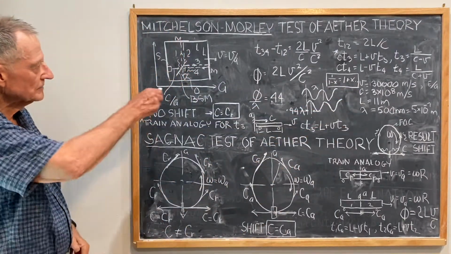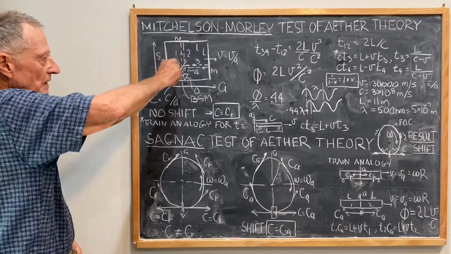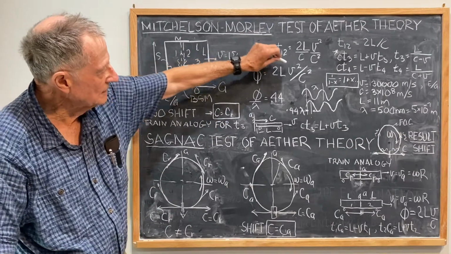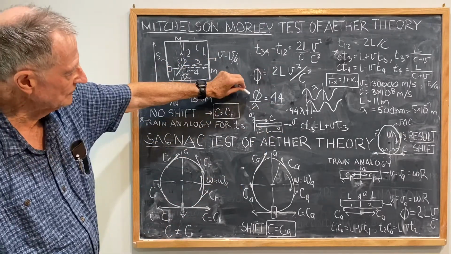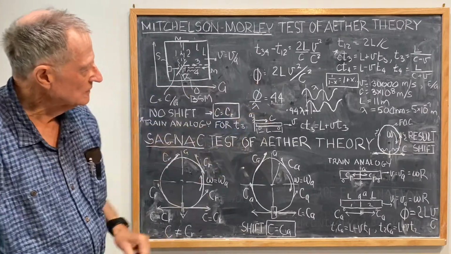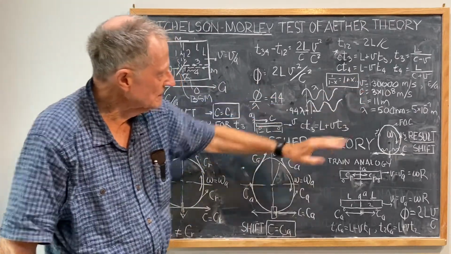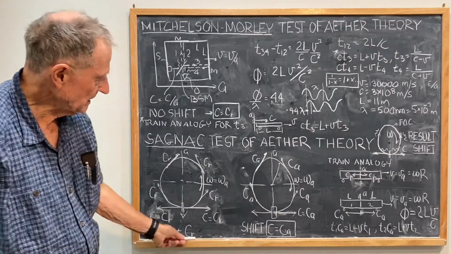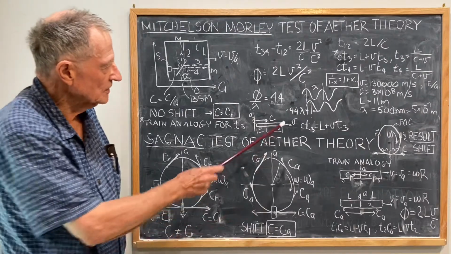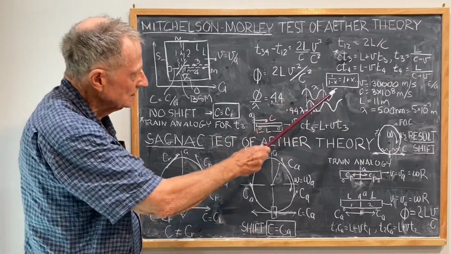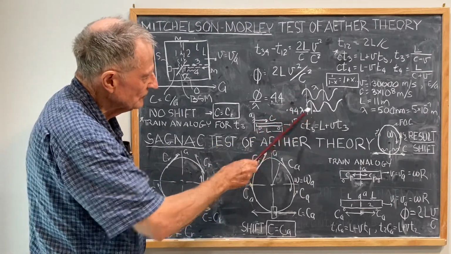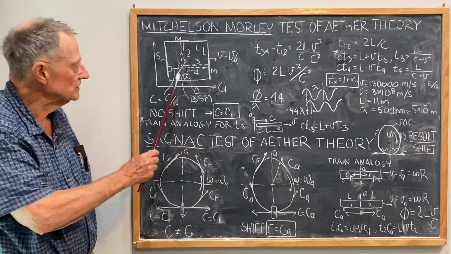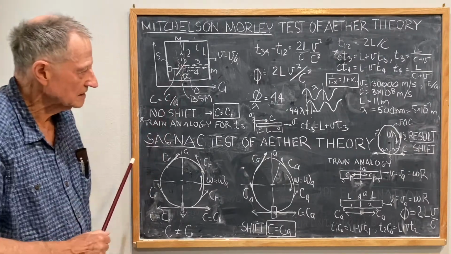If you do that, calculate the time for these two paths, then you get that the phase shift is this term here, and the phase shift divided by lambda is 0.44, which says that for these parameters, you should expect a phase shift of the order of magnitude 0.44 lambda. So this is lambda. This would be shifted by a distance 0.44 lambda, which should easily be seen as a change in the interference pattern initially set up in the Michelson-Morley experiment.